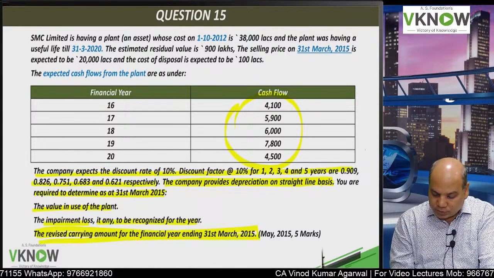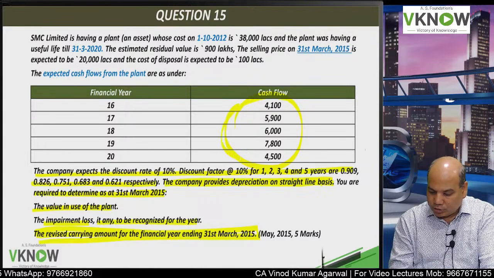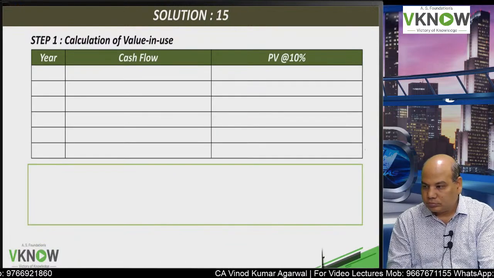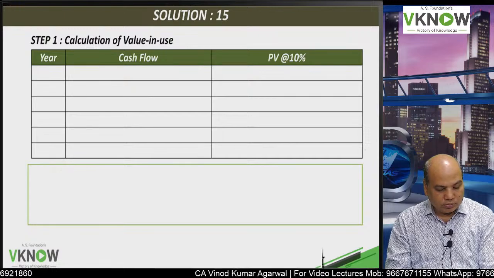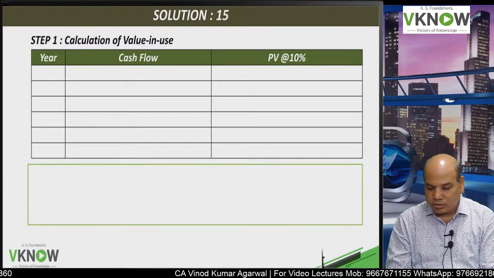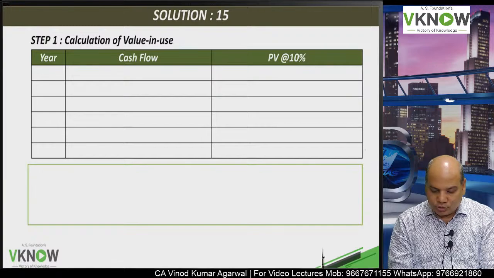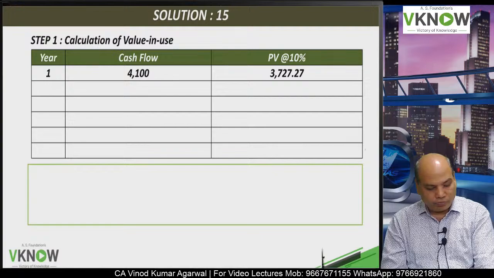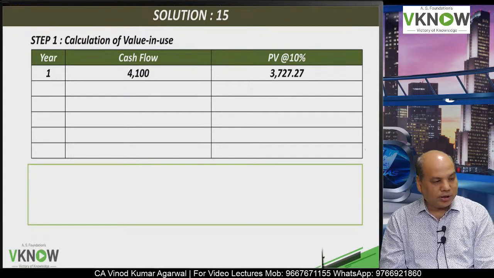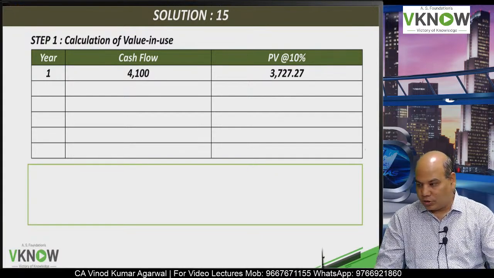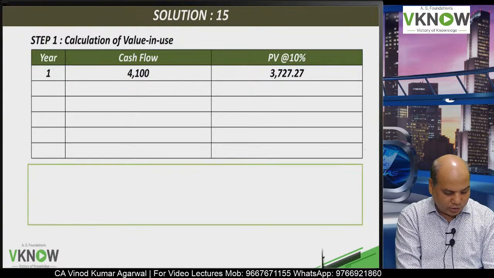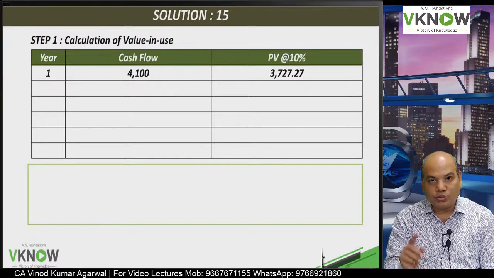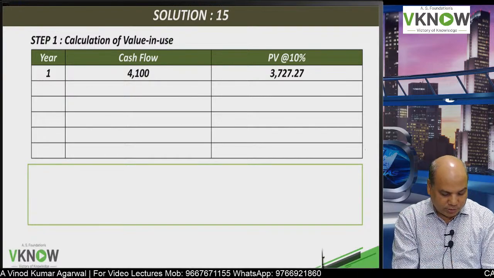What will be the revised carrying amount on 31st March 15? What should we do in such a problem? First we'll find out value in use. Write down please. Step number 1, calculation of value in use. First year 4,100 cash flow and the discounting rate is 10%. So take on your calculator 4100 divided by 1.10 equals 3727.27, memory plus.